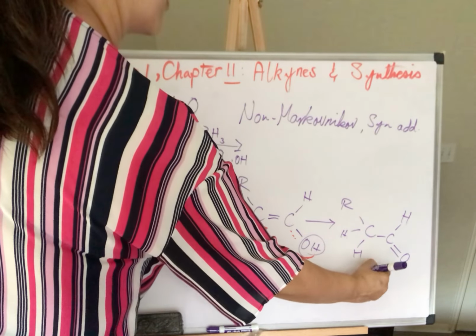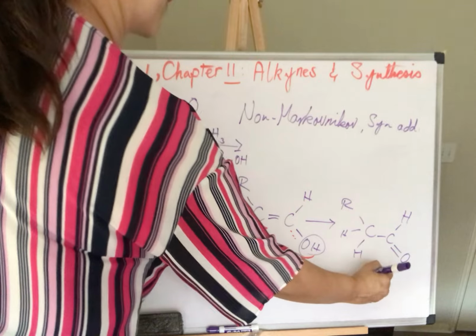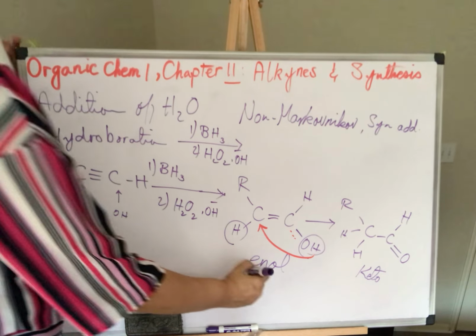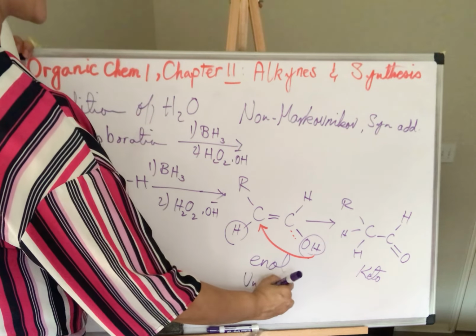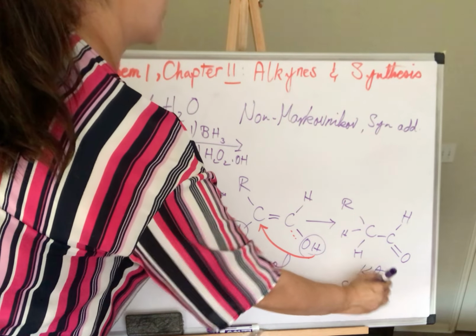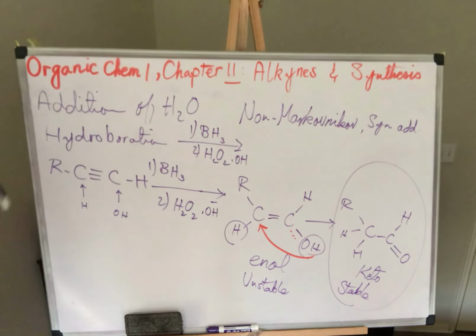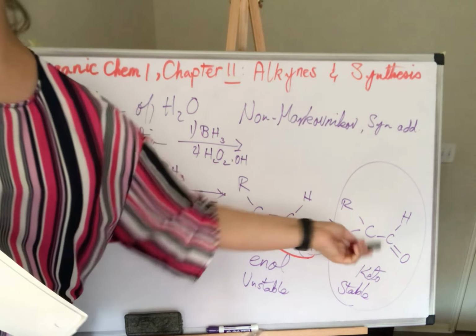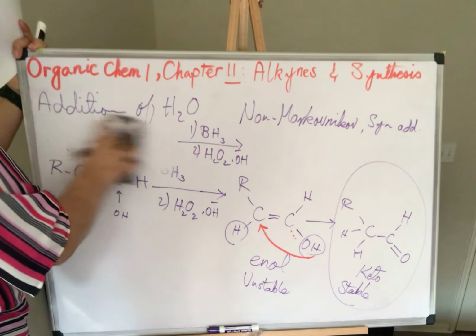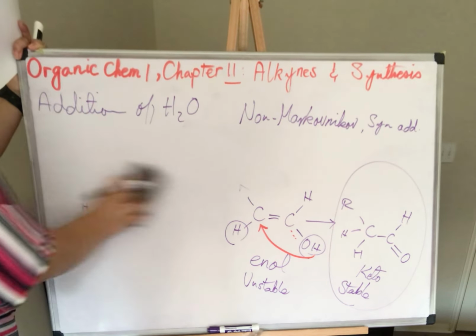So we will have a keto. All right? Now, again, this is unstable. And this is stable. So this is the very final product of hydroboration. So the location of the carbonyl double bond shows you what type of water addition, what hydration you have.